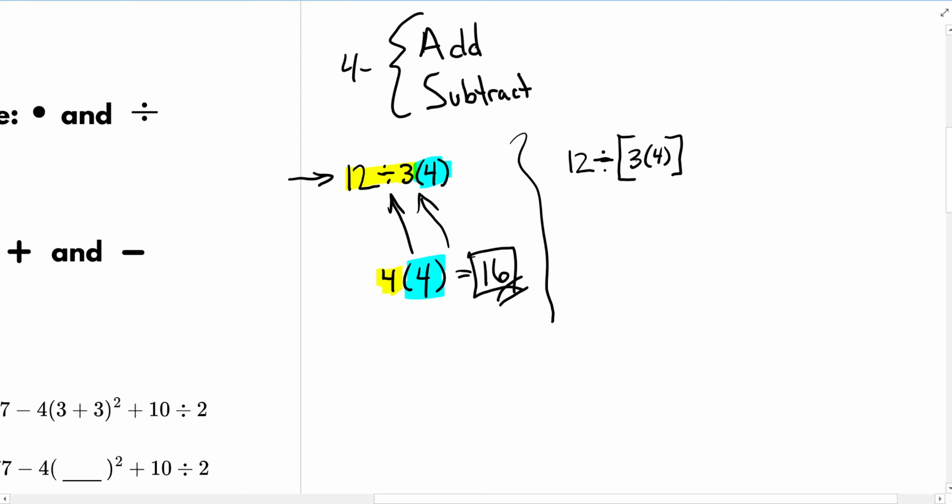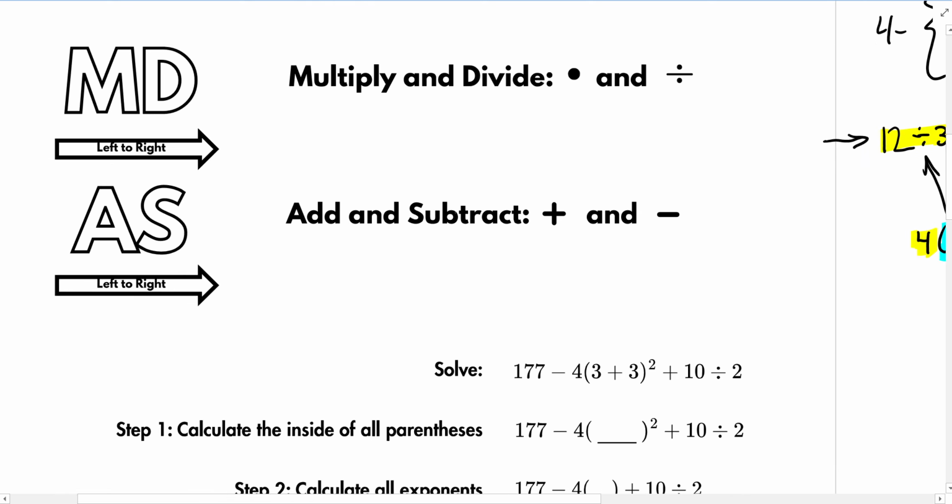We have 3 times 4. That's 12. So then this would be 12 divided by 12, and that would be 1. They look different because of the parentheses. That's what we do first. Now add and subtract, just like multiply and divide, we do those from left to right.